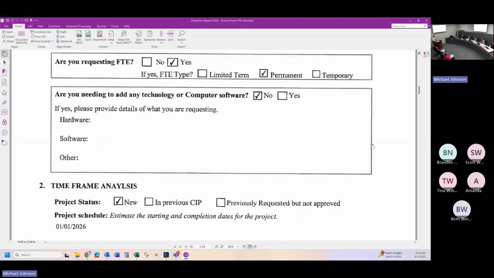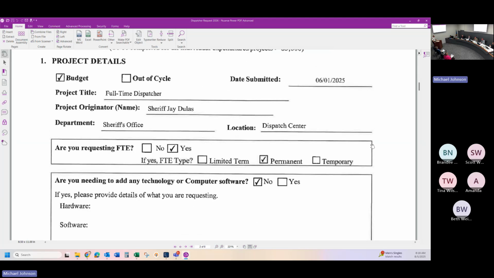It's not from month to month or week to week, but glitches pop up day to day with all the programs that dispatch runs. And in the packet, there's a list of some of the responsibilities that the dispatch lead or supervisor would be responsible for. Does anyone have any questions on that?